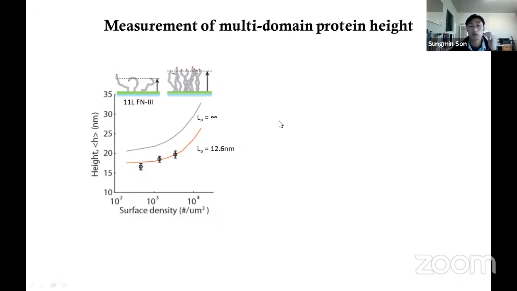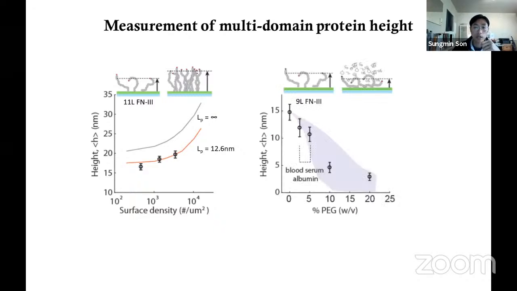And it's not only the lateral surface crowding, but also the solution crowding that can affect this average protein height, right? So in the blood, there is a high concentration of blood serum proteins that can work as an osmolyte that has an effect on the surface, and polymer brushes are well known to change their conformation because of this osmotic pressure.